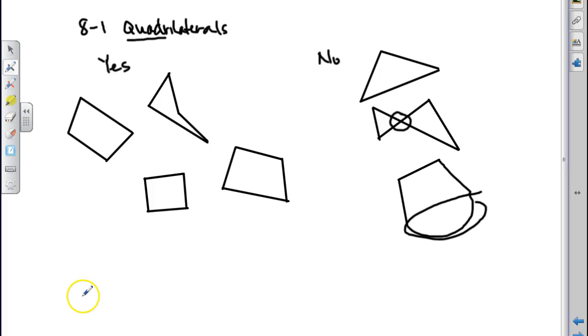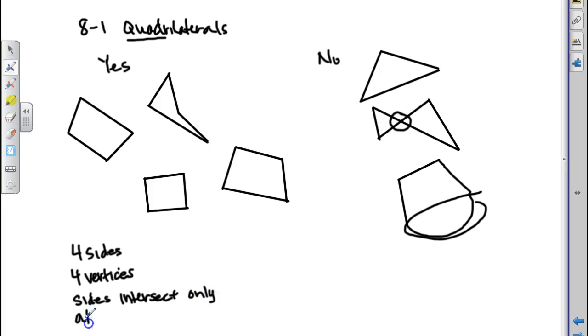All right, so hopefully you can see the difference between whether a figure is a quadrilateral or it is not a quadrilateral. So we're looking for four sides, four vertices, sides intersect only at the endpoints. Oh, and it's a closed figure, right?